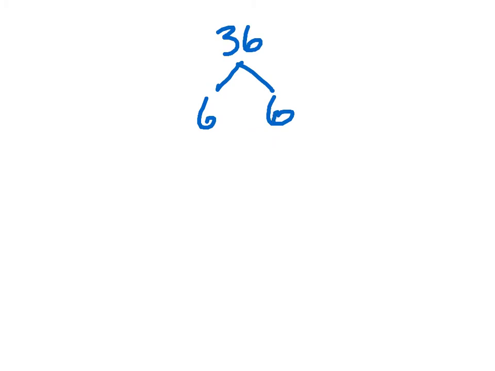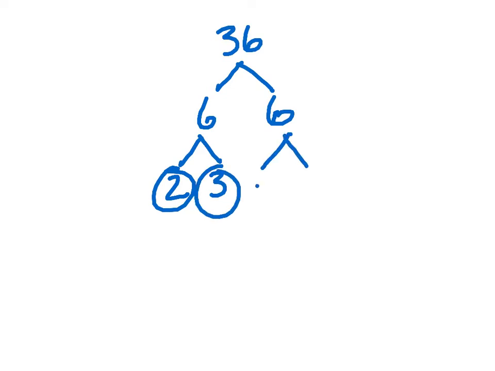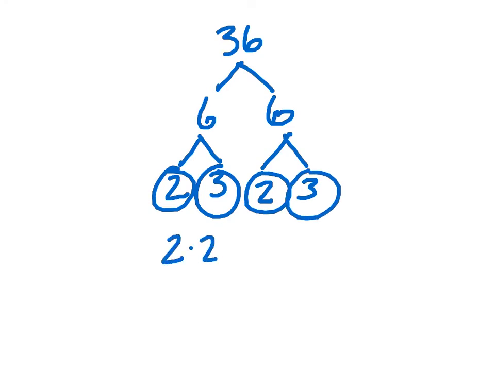We can break those 6s down to 2 times 3. 2 is prime, 3 is prime. Do the same thing over here. 2 is prime, 3 is prime. So let's clean that up. We've got 2 times 2 times 3 times 3. We can write that as 2 squared times 3 squared.